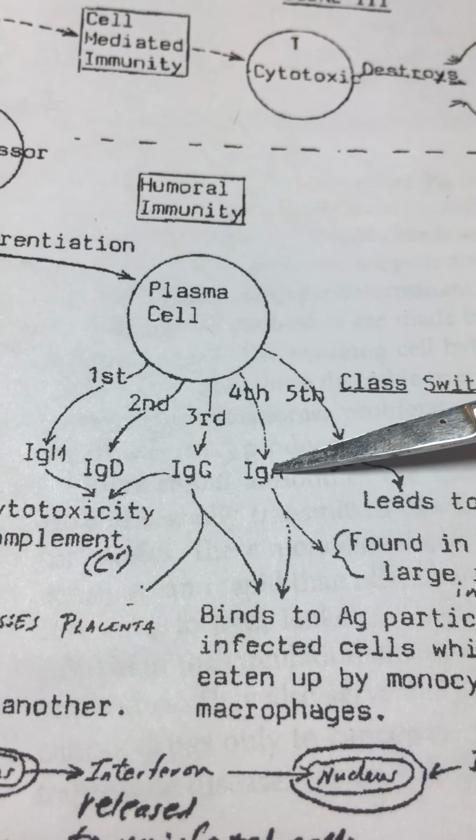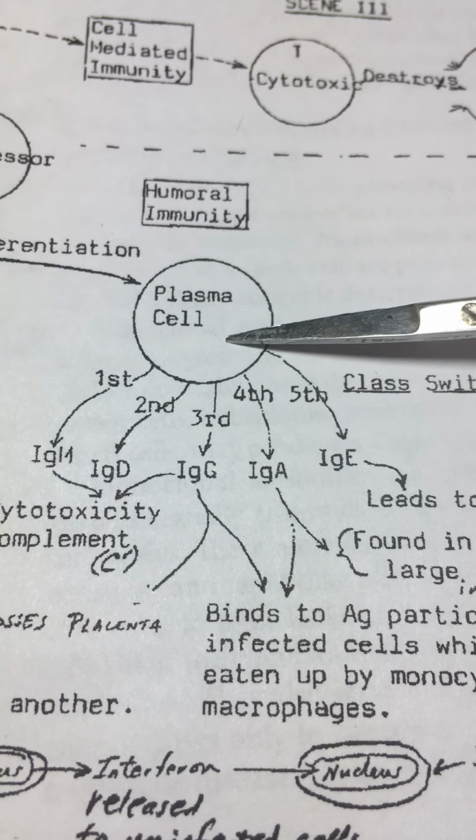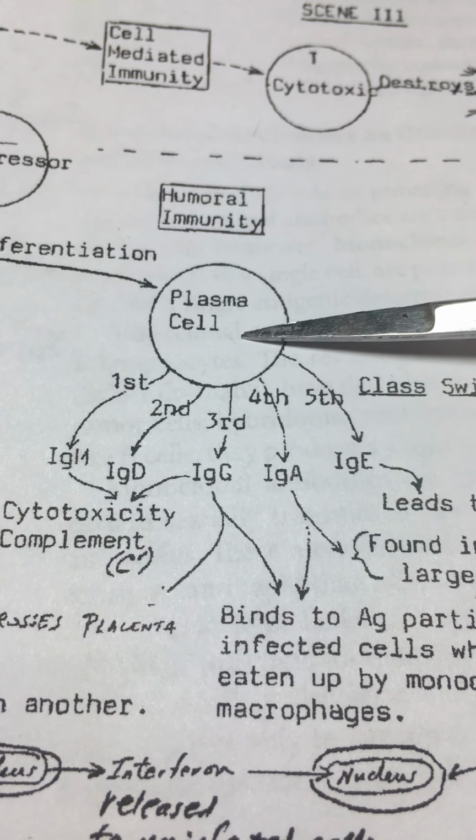And then we have immunoglobulin A, so the alpha is the next chain to be made.